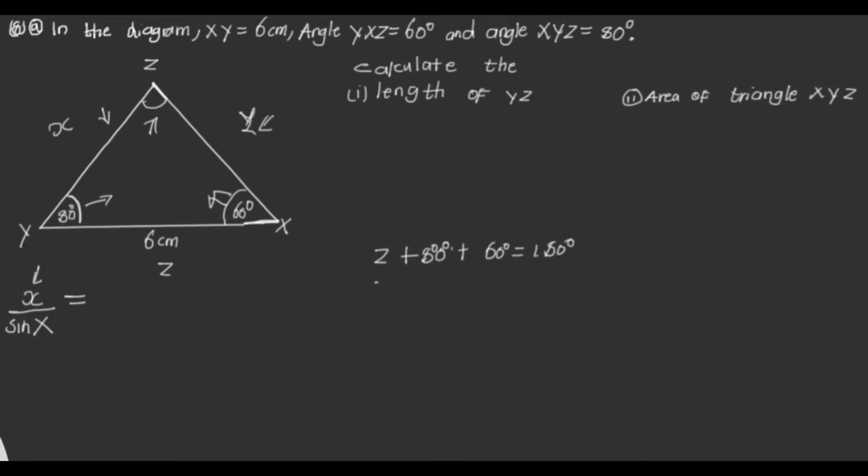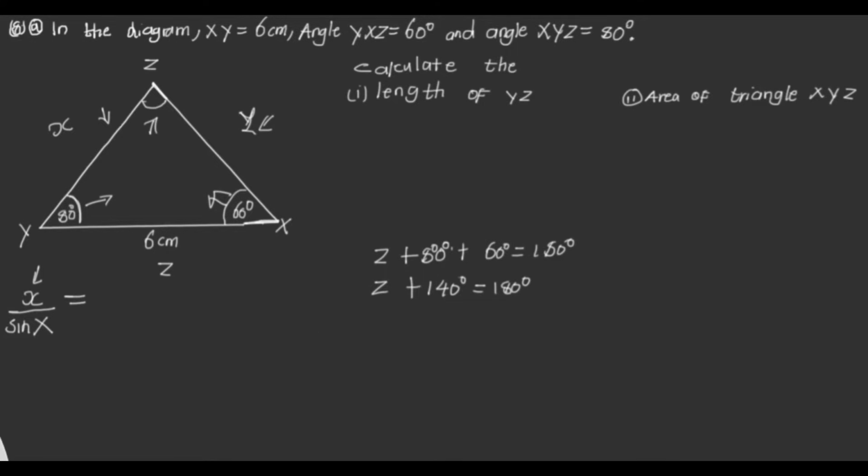Then z plus, you add 80 plus 60, you get 140 degrees, is equal to 180 degrees.